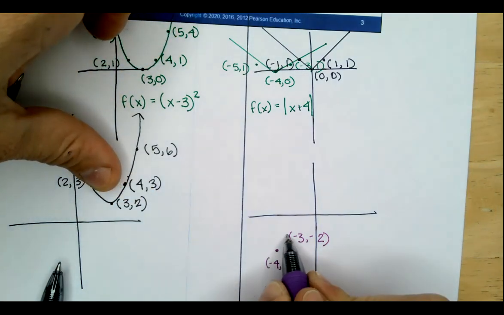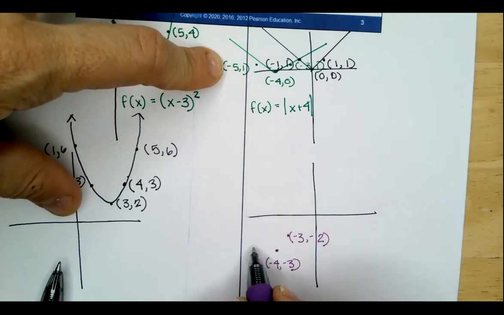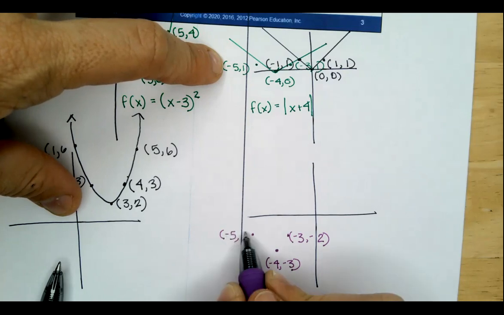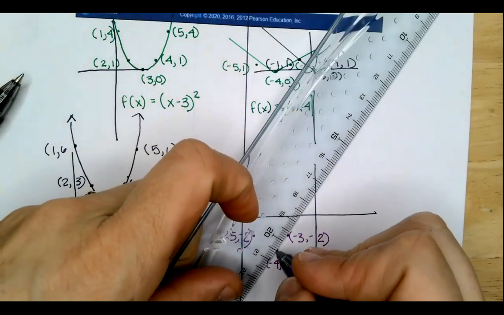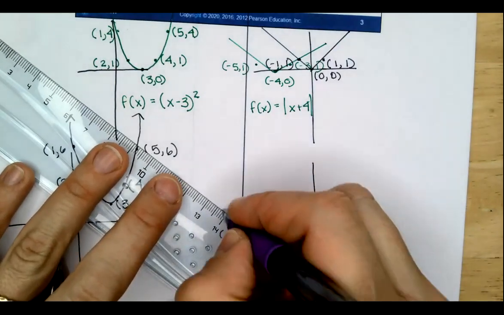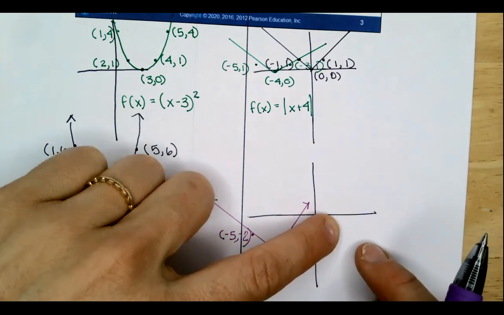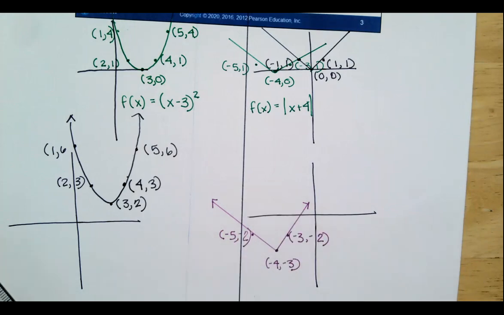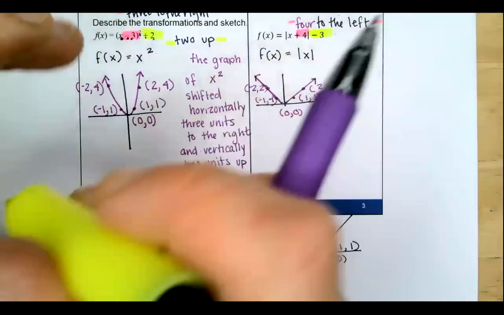And instead of -5, 1, we're going to go down 3. We're going to say that's -5, x remains the same, -2. So what was once right here at the origin, we moved 4 to the left, 3 down. That +2 meant 2 up. This -3 means 3 down.